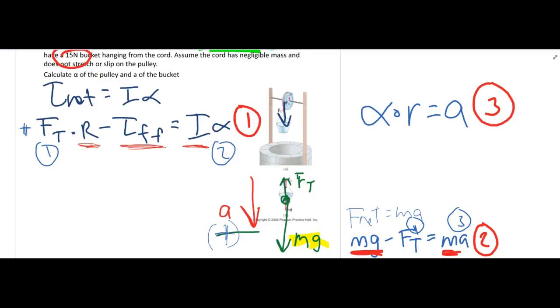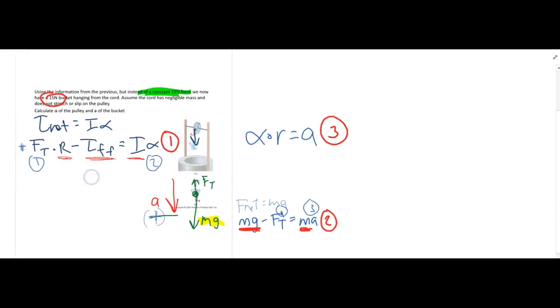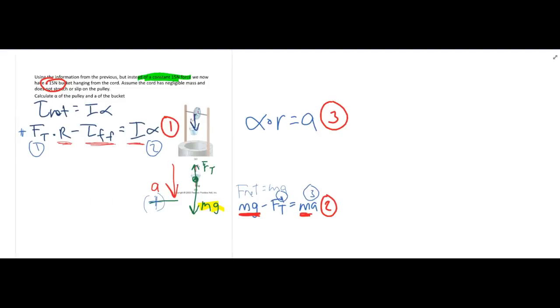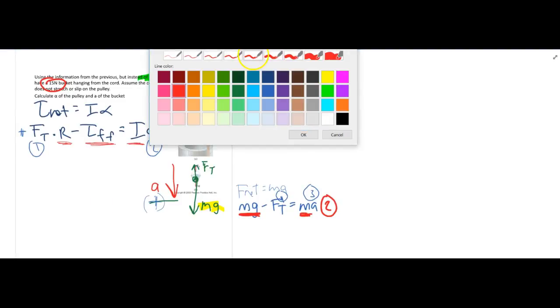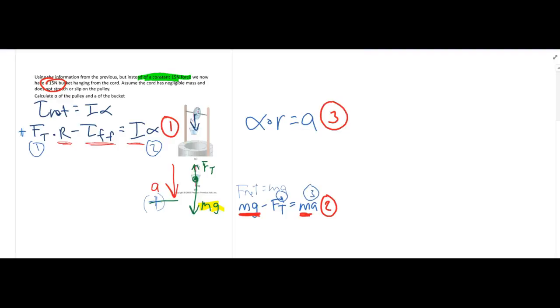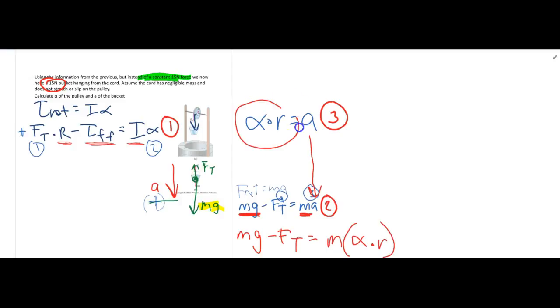What I need to do is get rid of a. So I can take this other equation and plug some things into this. Let's take this a and plug it in for that a. So my new F net equation is mg minus Ft equals m times alpha r. I've substituted in alpha r for a right here.